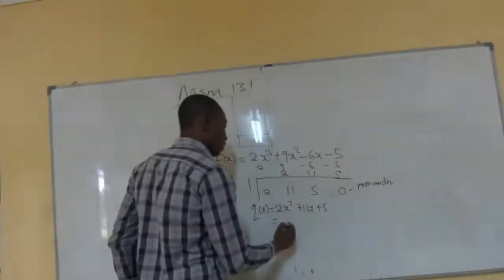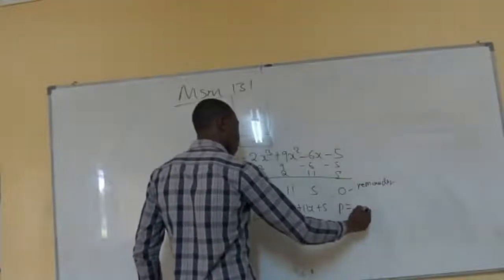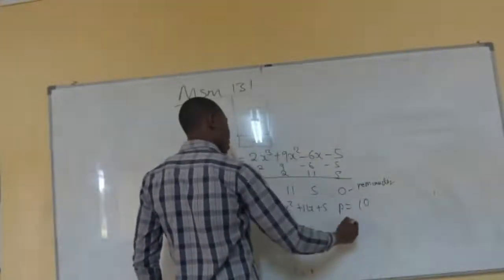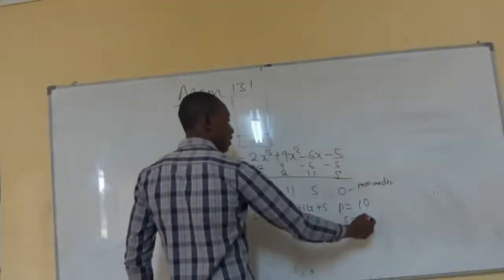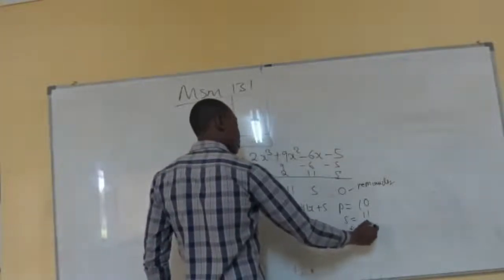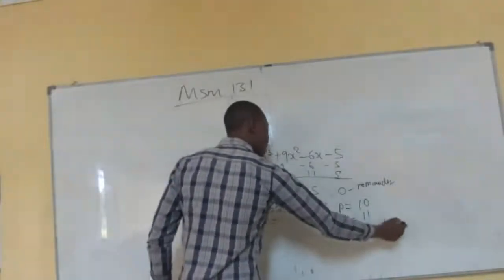So what we have is: product is 10, sum is 11, factors 1 and 10.